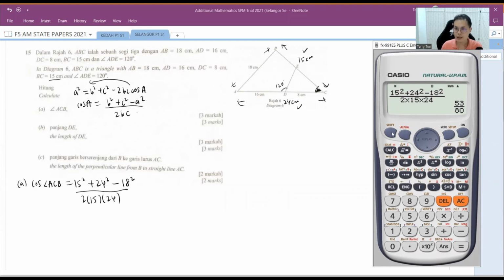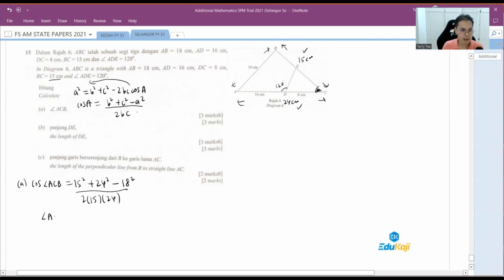So whatever I get, I shift cos, answer equals. Do it one shot. Please don't do one by one. The more steps you write, the more inaccurate you will get. After all, in exam, this is 2 marks. One for using the formula, one for the final answer. 48.51. So I'm going to write here angle ACB is 48.51. Okay, I've got this angle already.